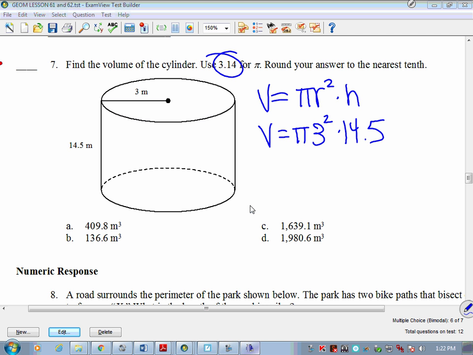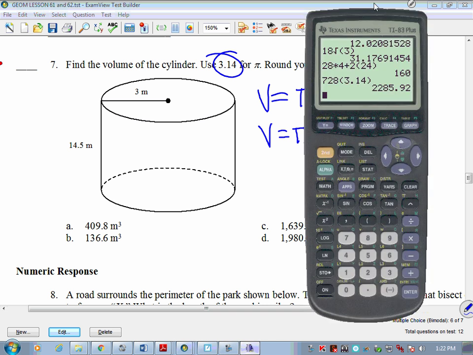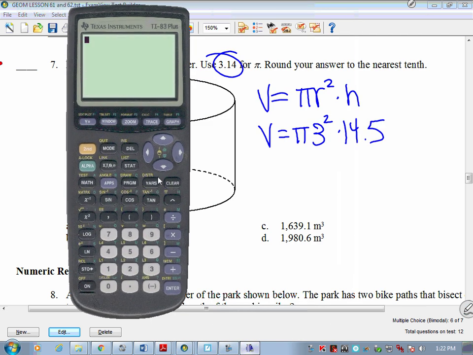Let's grab our calculator here. 3.14 times 3 squared times 14.5. That's 409.77, but we want it to the nearest tenth.